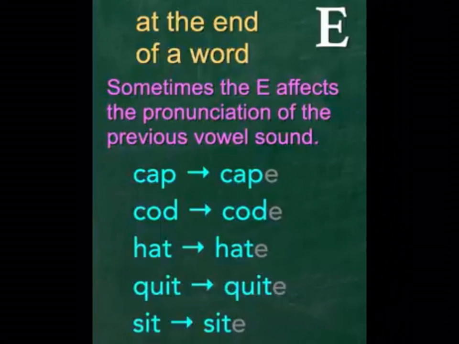If we add an E to hat, it becomes hate. So we have hat, and hate, which means to dislike. And then we have quit, and if we add an E, it becomes quite. We have sit, and if we add an E, it becomes sight.